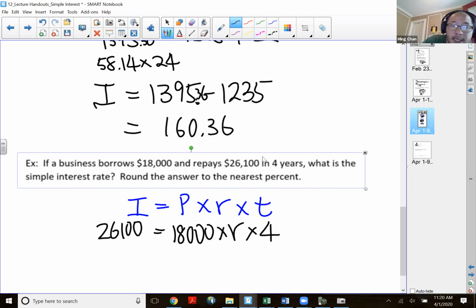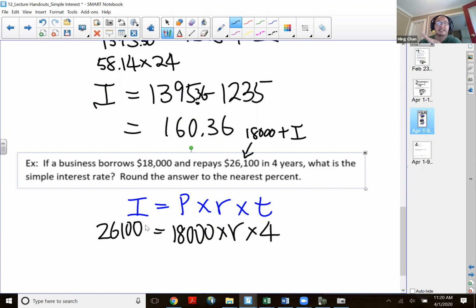That's actually incorrect because it never said the interest was $26,000. It says it repays $26,000. So that means inside the $26,000, it has both principal plus the interest. When we repay something, we pay both principal plus the interest. So by putting 26,100 here, we'll actually throw our answer off.